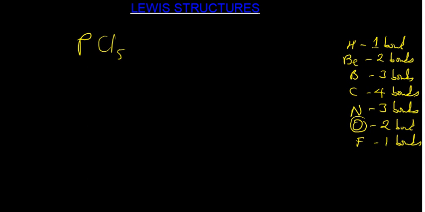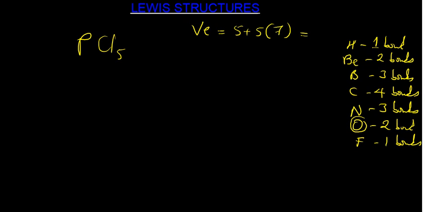So what we are doing is finding the valence electrons which are going to participate. So valence electrons will be for phosphorus, how many electrons in the outermost shell? We have said it is in group 5, so it has got 5 electrons. And then we've got 5 chlorines, each with 7 electrons in the outermost shell. So how many electrons are we finding? 5 by 7 and then plus 5.